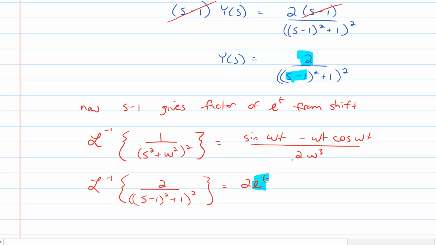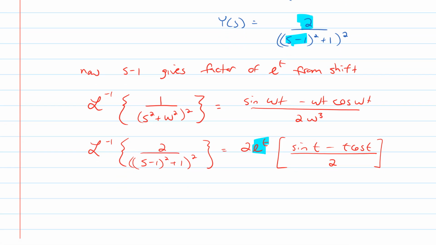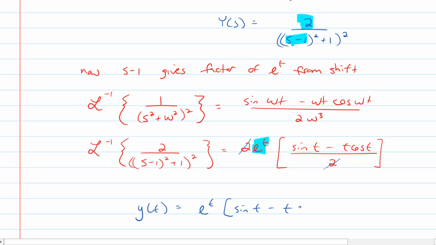And then we're just going to have, let me write in red here, sine t minus t cos t over 2 omega cubed, which is 2. Notice the 2's are going to cancel here. And so then y of t is just going to be e to the t times sine t minus t cosine t, like so.